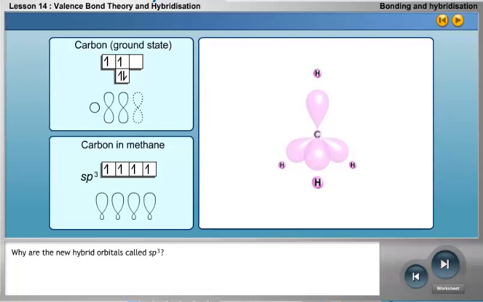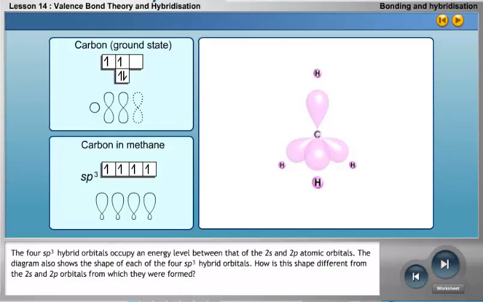Why are the new hybrid orbitals called sp3? Answer: they have been formed from 1 s orbital and 3 p orbitals.